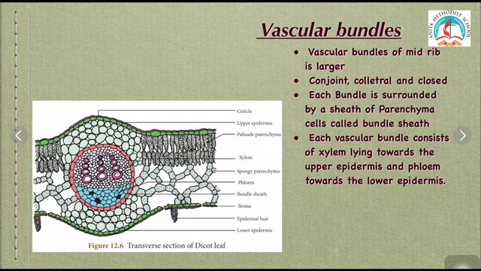Each vascular bundle consists of xylem lying towards the upper epidermis and phloem towards the lower epidermis. You can see here, these are all the xylem and these are all phloem, which lies below the lower epidermis.